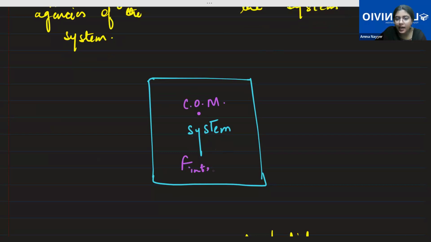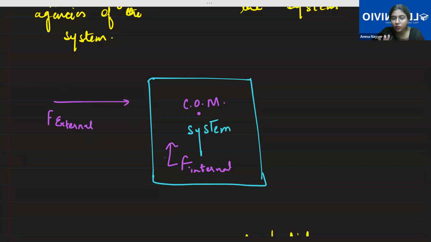Internal forces are acting within the system. Okay, now there are certain external forces which will be outside of our system. So we have external forces, we have internal forces.